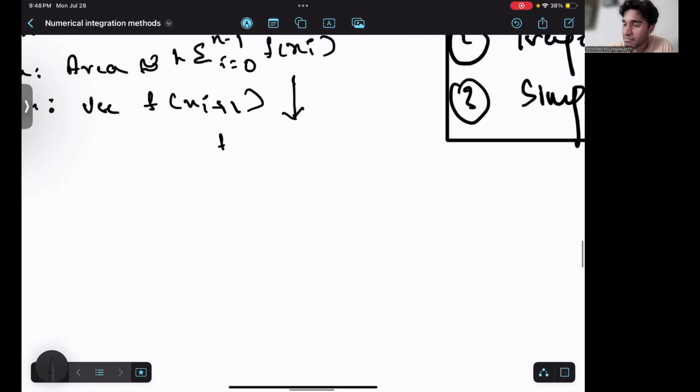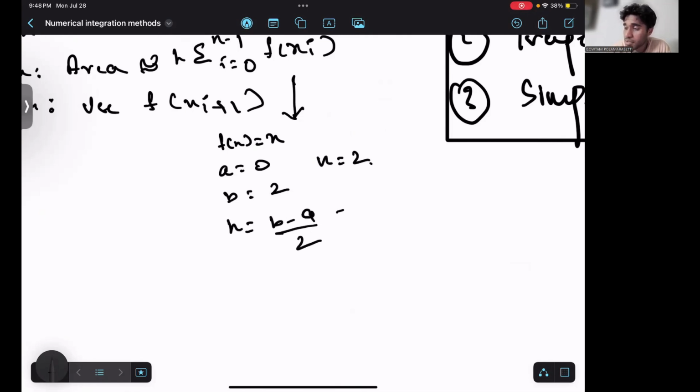First, suppose we take f of x is equal to x, a is equal to 0, b is equal to 2, and n is equal to 2 intervals. Then h will be b minus a by 2, which will be 1. So our intervals are x0 is equal to 0, x1 is equal to 1, x2 is equal to 2.